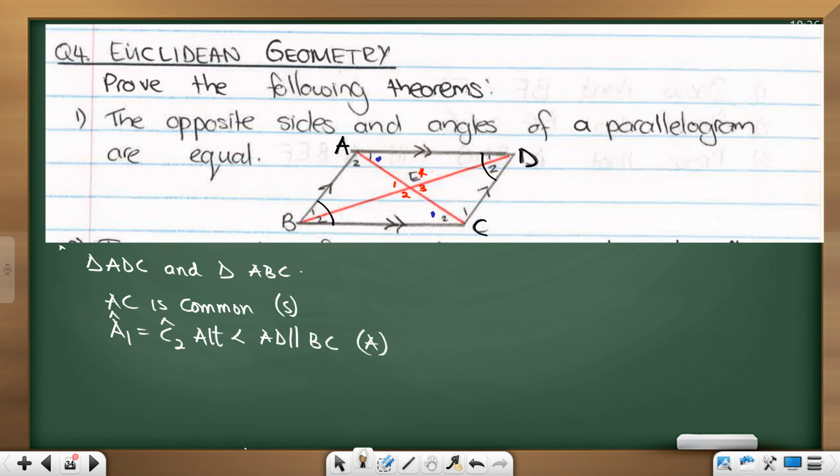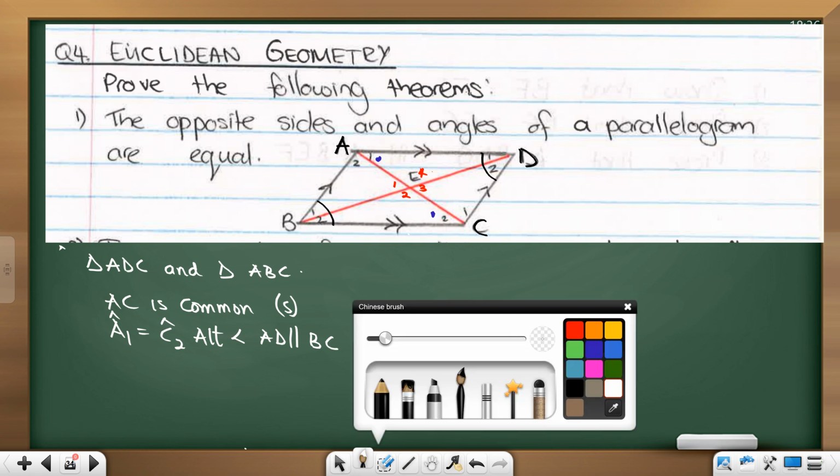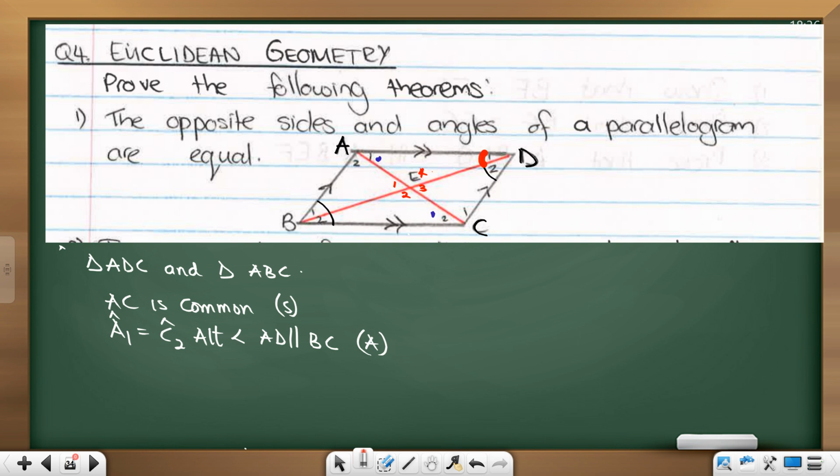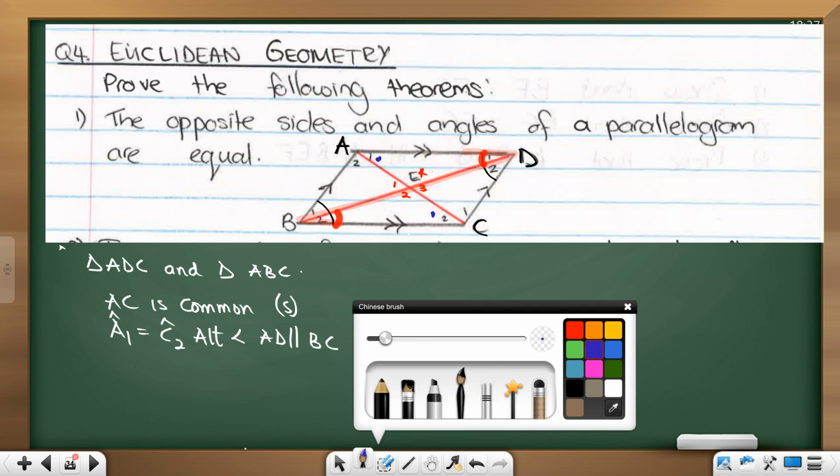Now can we then talk about which angle do you mean, child? One or two? Mark the angles that we've spoken about.